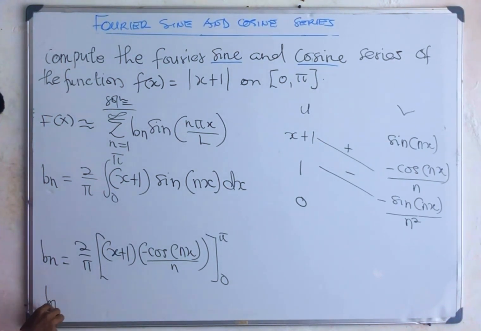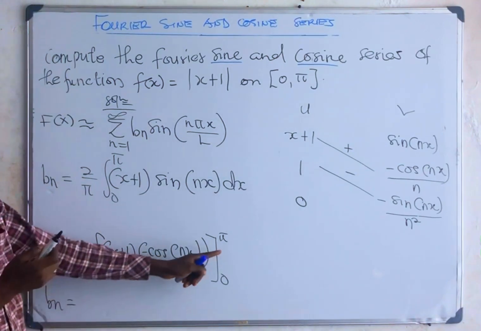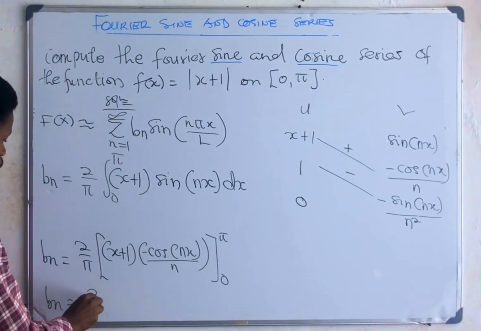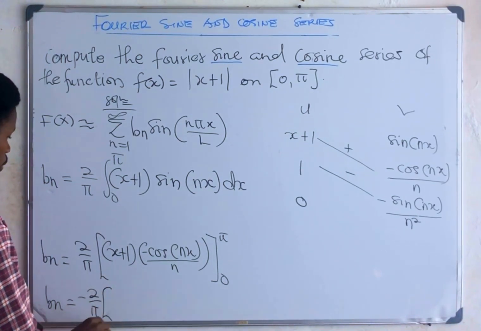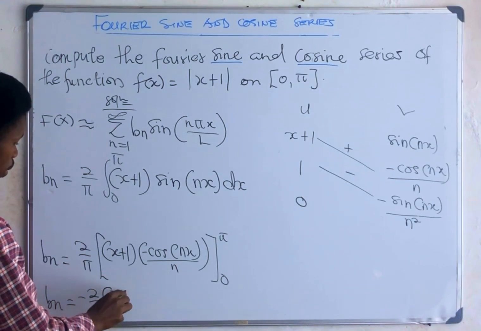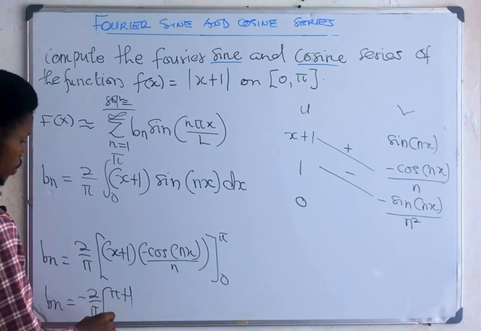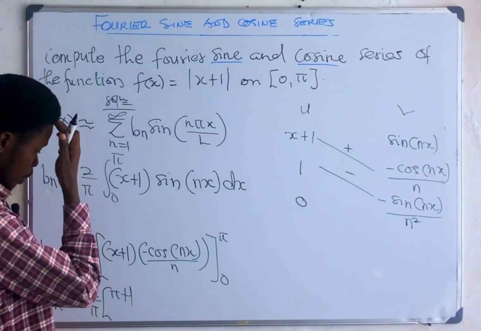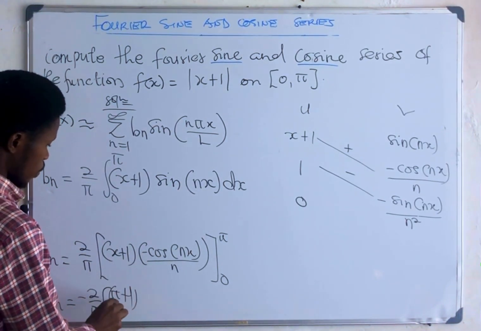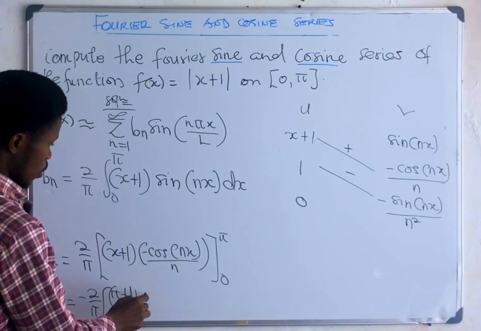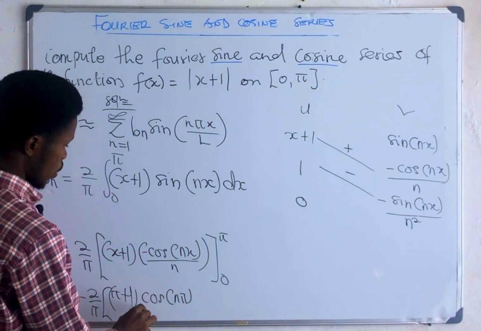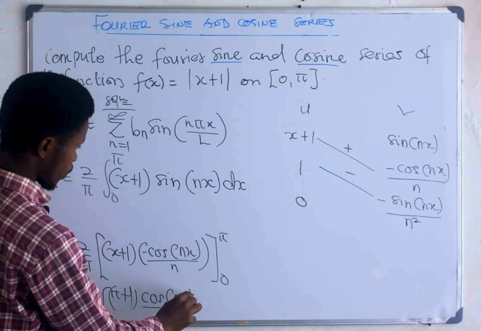So my bn, at this point, I'm going to put pi in there first. Remember, this negative can come here, so I can put negative 2 over pi. If I put pi here, this will give me pi plus 1, multiplying by cos n pi, and this one is divided by n.